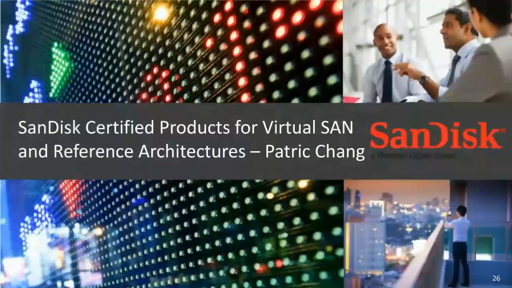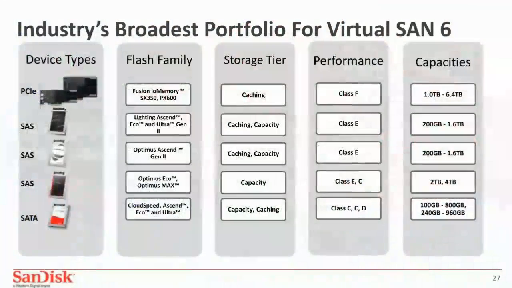First of all, look at the products that have been certified to use for Virtual SAN. So we believe that SanDisk has the industry's broadest portfolio of products that have been certified for Virtual SAN.